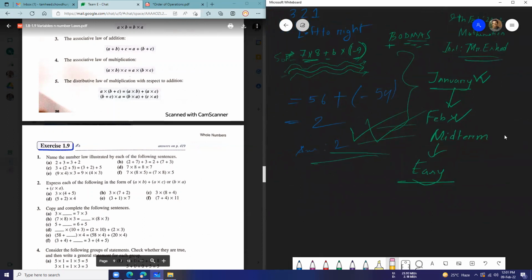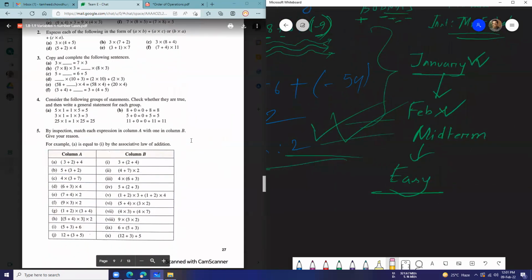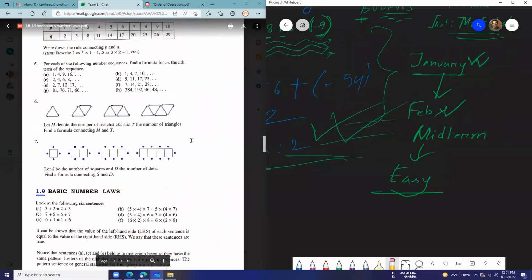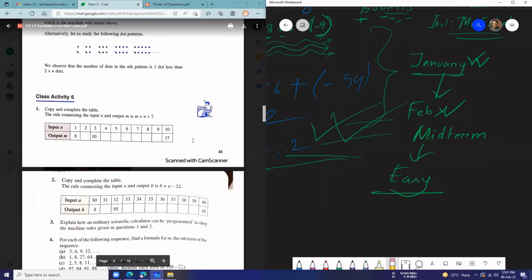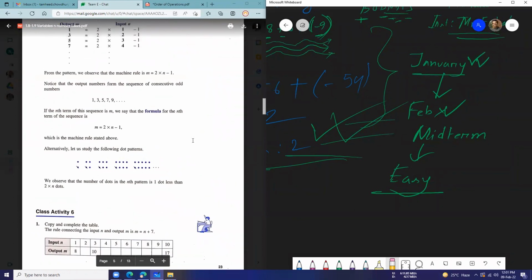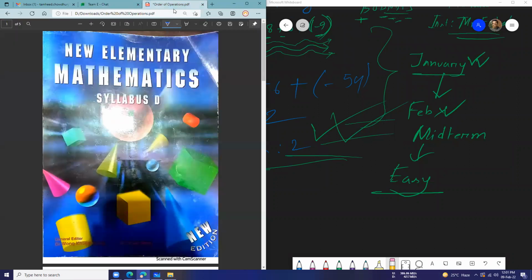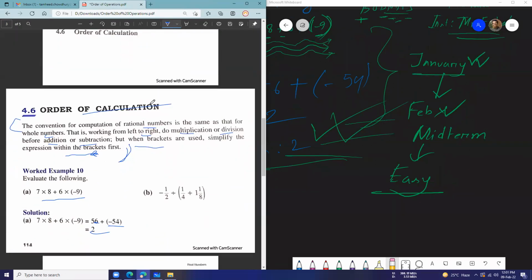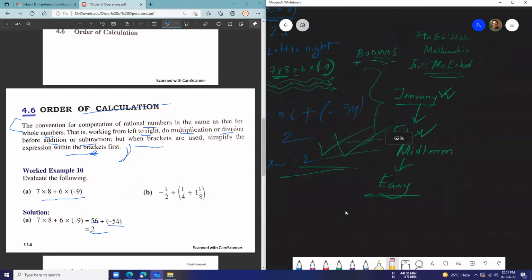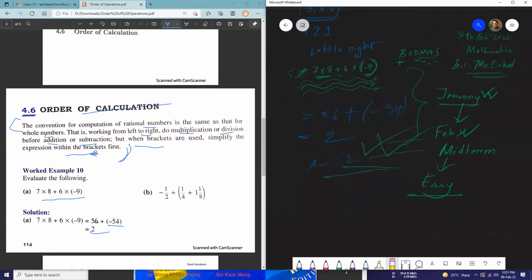So let's start with solving some mathematics problems here. Order of operation. We were studying something different. End of February, you have about 20 days more. In 20 days, you're going to learn three more chapters.